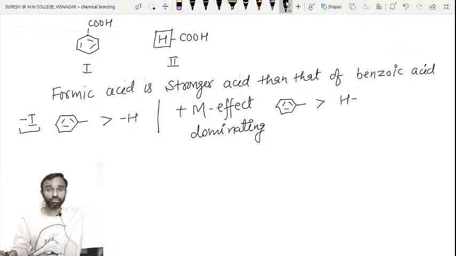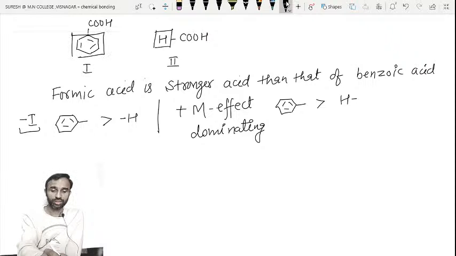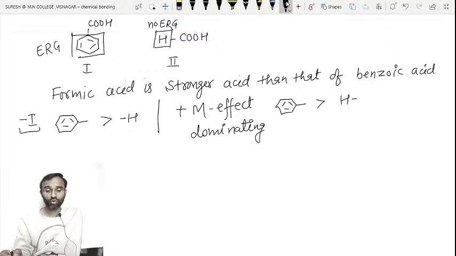So it behaves as an electron releasing group, and there is no electron releasing effect in formic acid. That's why benzoic acid is a weaker acid, because of the greater electron releasing power of the phenyl ring, and that's why benzoic acid is a weaker acid than formic acid.